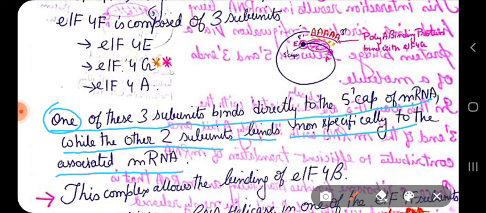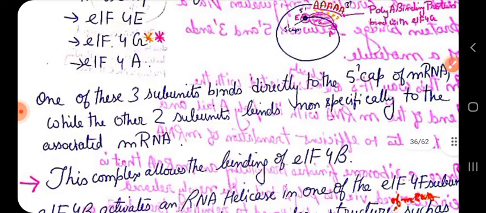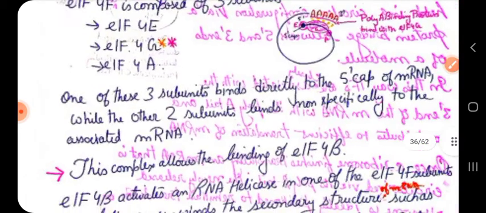So EIF4F has three subunits, and these subunits associate with the 5 prime cap, and one of the subunits, EIF4E, directly binds with the 5 prime cap, while the other two subunits of EIF4F, which are EIF4G and EIF4A, associate a little bit loosely or non-specifically with the 5 prime cap.